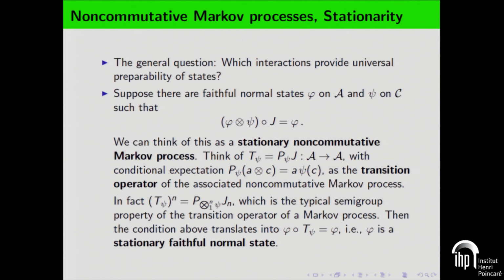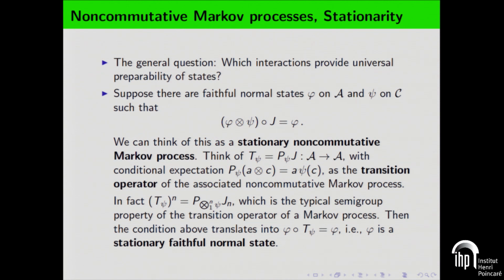And in fact, if you ask why this is Markov, one of the things you can see directly is that if you take the J^n, the n times repeated interaction, and then evaluate the tensor product of the psi's, you get the nth power of T psi. And this is the typical semigroup property of the transition operator of a Markov process.